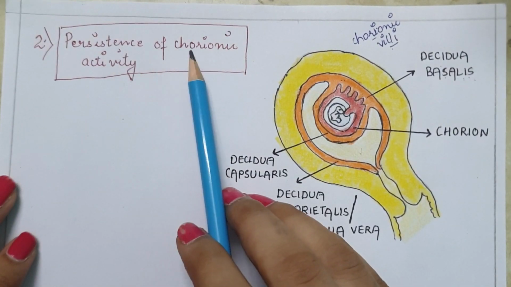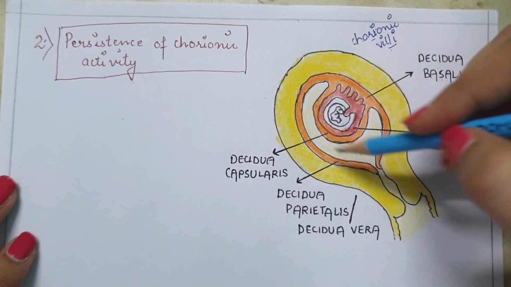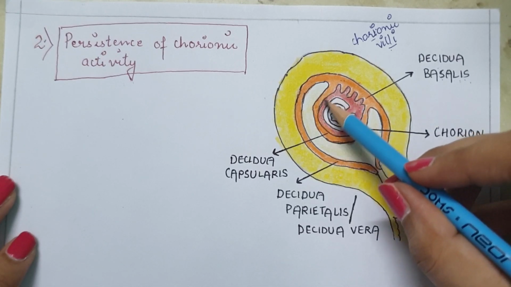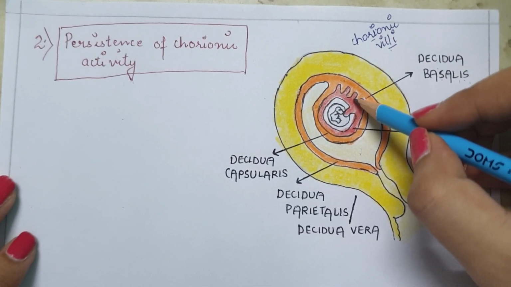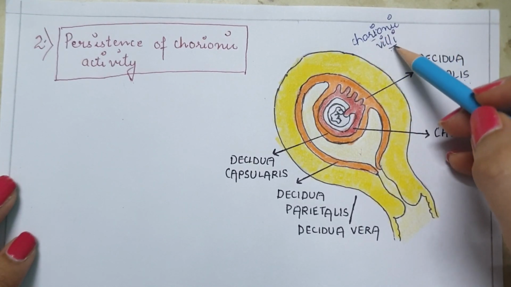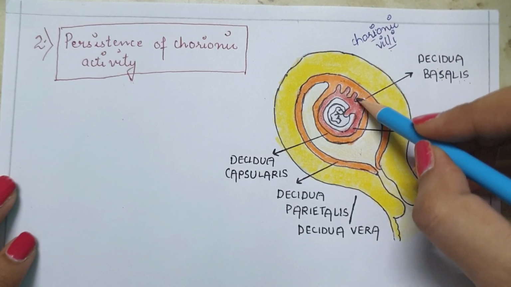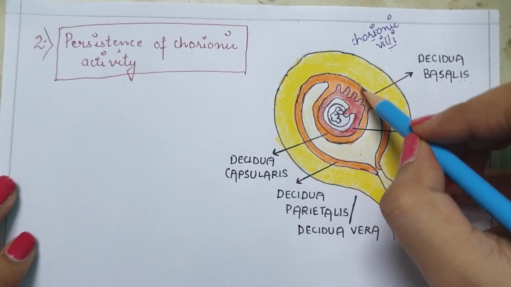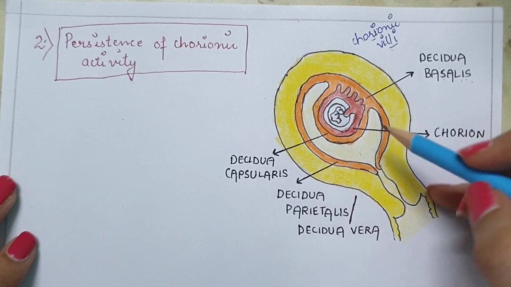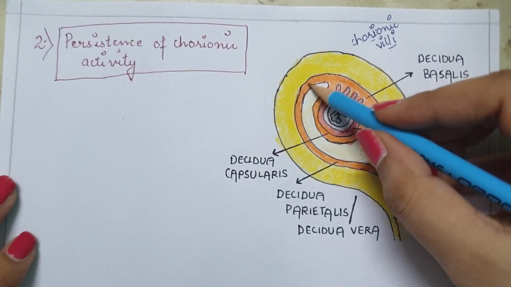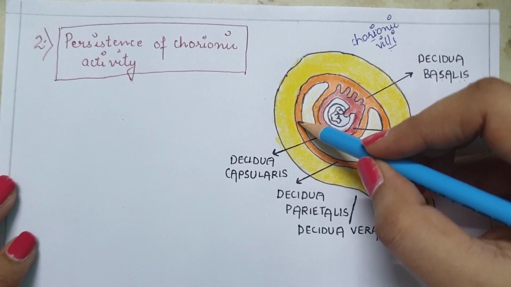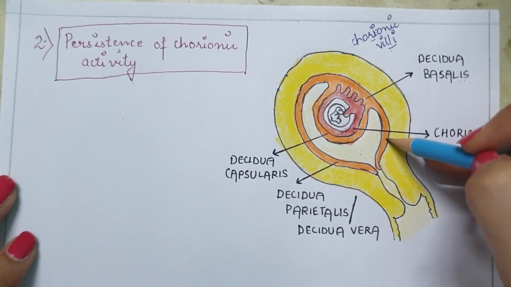Next theory is persistence of chorionic activity. First of all, you can see in this diagram, this is the chorion in the red color, and these fine projections of the chorion are known as chorionic villi. These are invading the decidua to get nourishment for the baby. This is the innermost layer of the uterus, which is normally known as endometrium, but during pregnancy this is known as decidua.